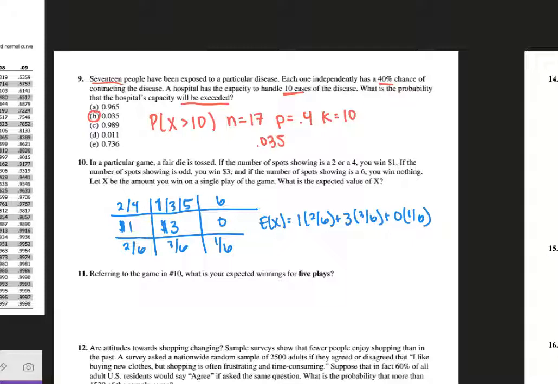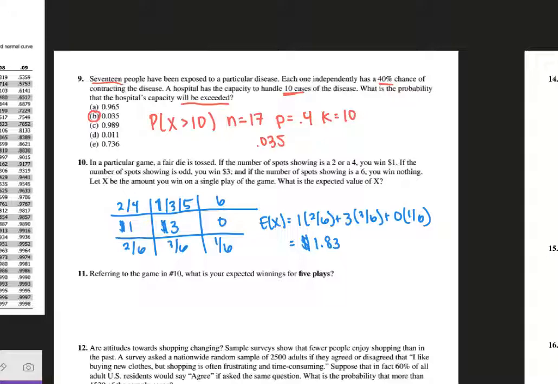And then again, for the sake of time, I'm not going to show putting that in the calculator, but you should get an expected value of $1.83. Meaning if you play that game many times, you would win on average $1.83 per game.